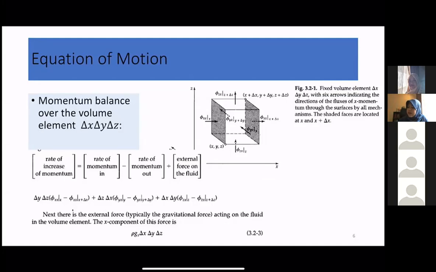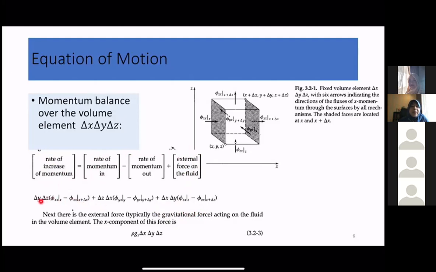And so it is written that the increased momentum, if we have the addition of momentum, would be equal to the rate of momentum in minus the rate of momentum out, and then plus the external force on the fluid. The external force on the fluid can be gravity, usually gravitational forces.